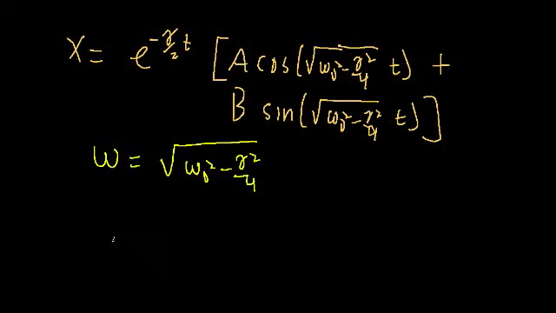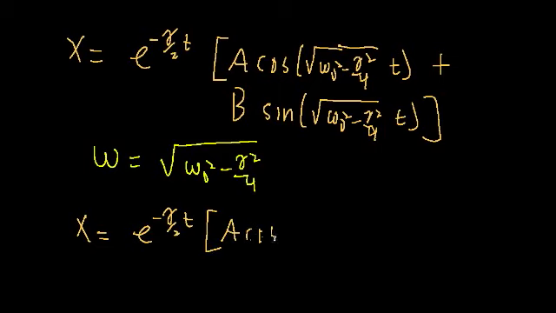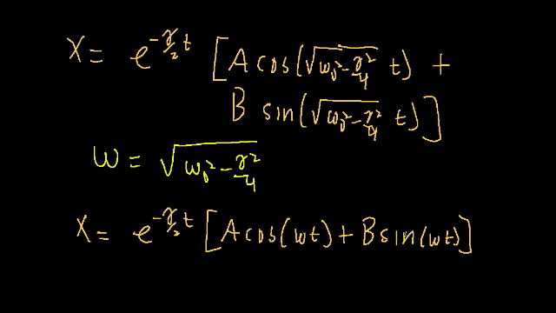If that's the case, then x is equal to e to the negative gamma over 2t times A cosine omega t plus B sine omega t. And this basically does look like our solution for simple harmonic motion, except this time modified by something.